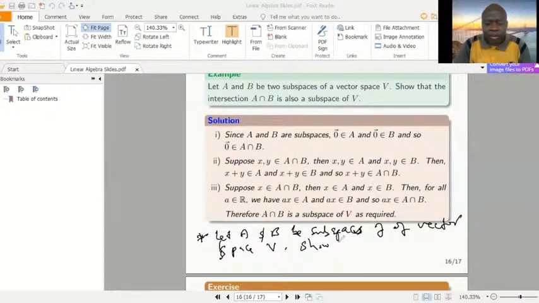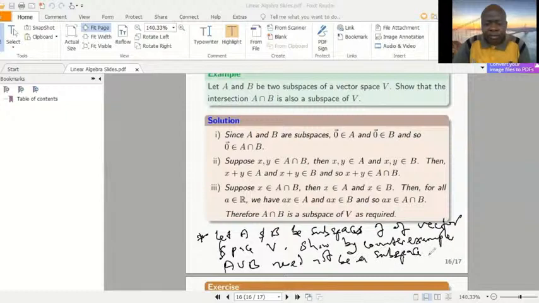Show by counter example that the union, that A union B, need not be a subspace of B. It's not a must that the union would be a subspace.